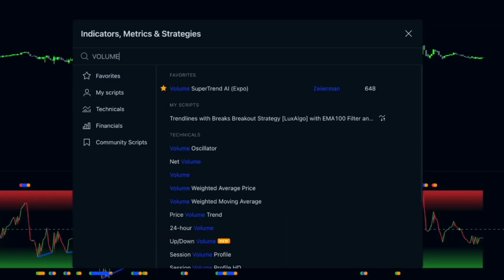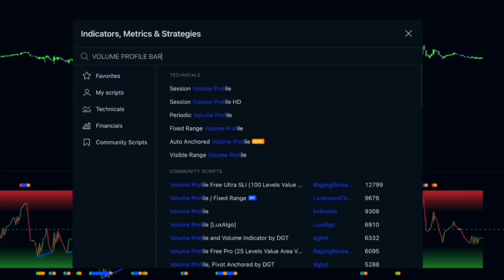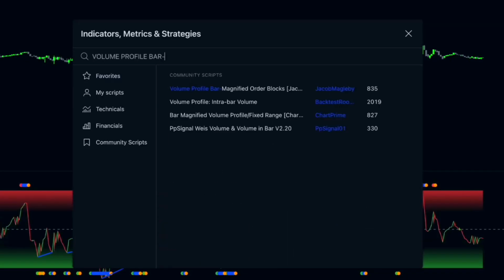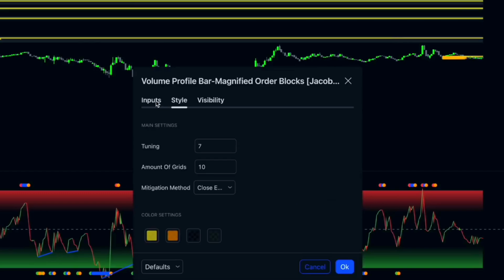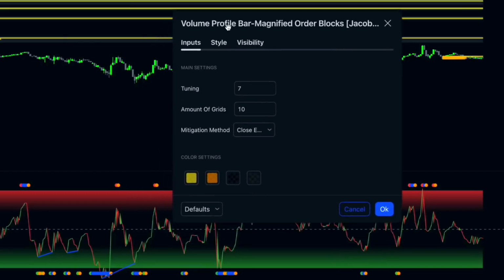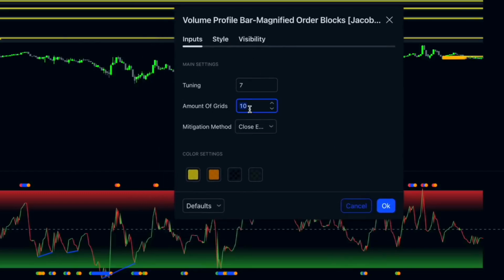Next, search for the volume profile bar magnified order blocks indicator, open its inputs and set the value to 7. And that's it. Your setup is ready.